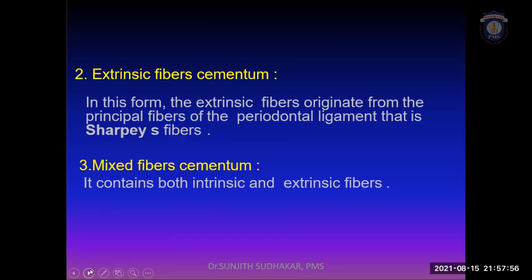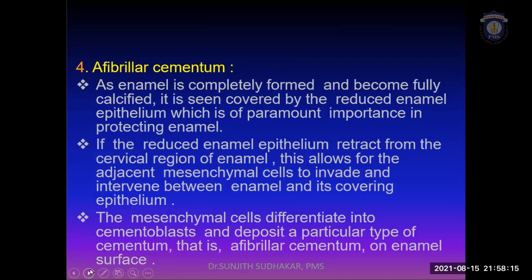These fibers are produced by the principal fibers of the periodontal ligament and externally formed, giving the name extrinsic fiber cementum. Then we have the mixed fiber cementum, where the cementum is comprised of both intrinsic and extrinsic fibers.